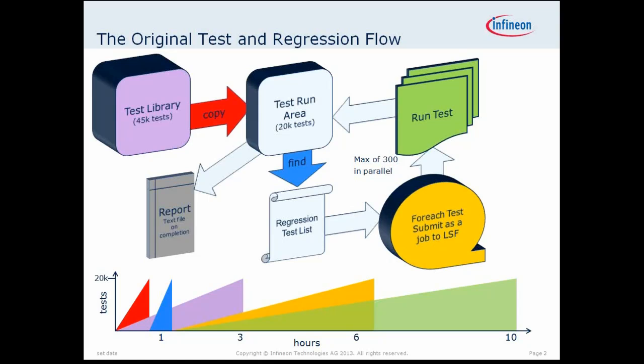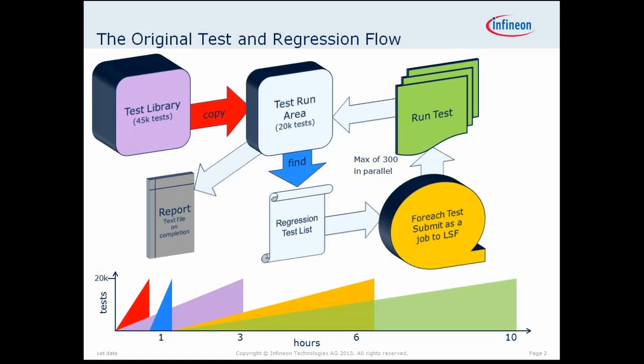Okay, so once we have our labeled library, to run a regression we need to create a run area, or this is how we used to run it. This involved copying all the tests for a test suite, in this case 20,000 tests, and we had to create a directory structure. The time this took was almost an hour. It could take longer, depending on the load on the system.